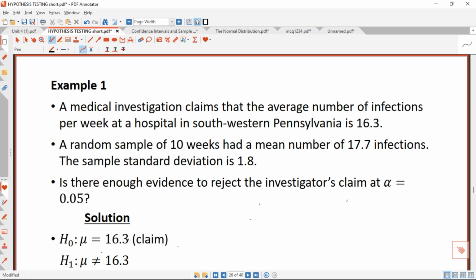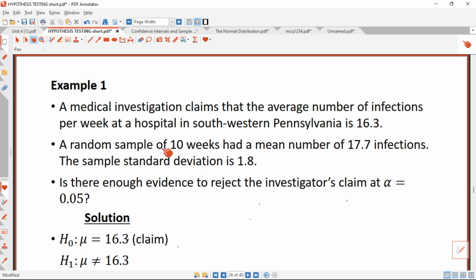So for question 1, it says a medical investigation claims that the average number of infections per week at a hospital in southwestern Pennsylvania is 16.3.